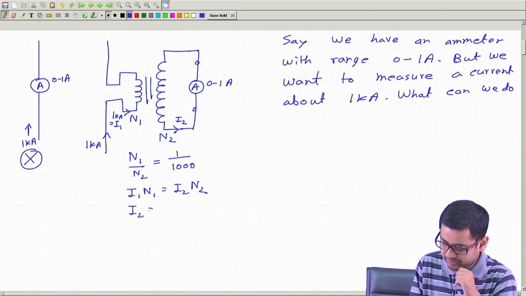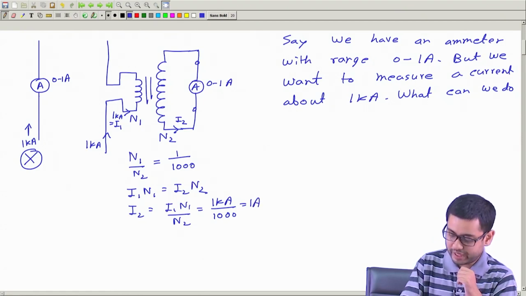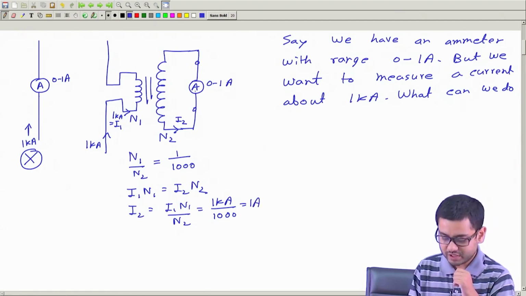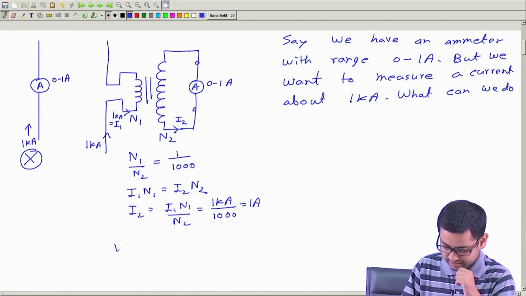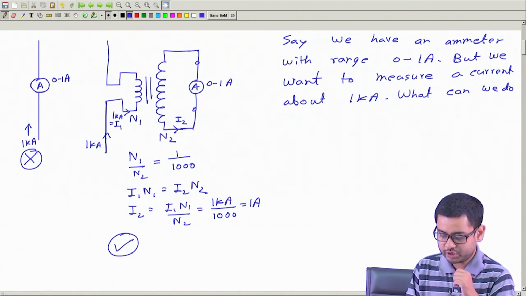So I2 will be I1 N1 by N2. I1 is 1 kiloampere and N1 by N2 is 1 over 1000, so this is just 1 ampere, which we can measure with this ammeter. So this circuit is fine. We can use this circuit to measure a huge current.